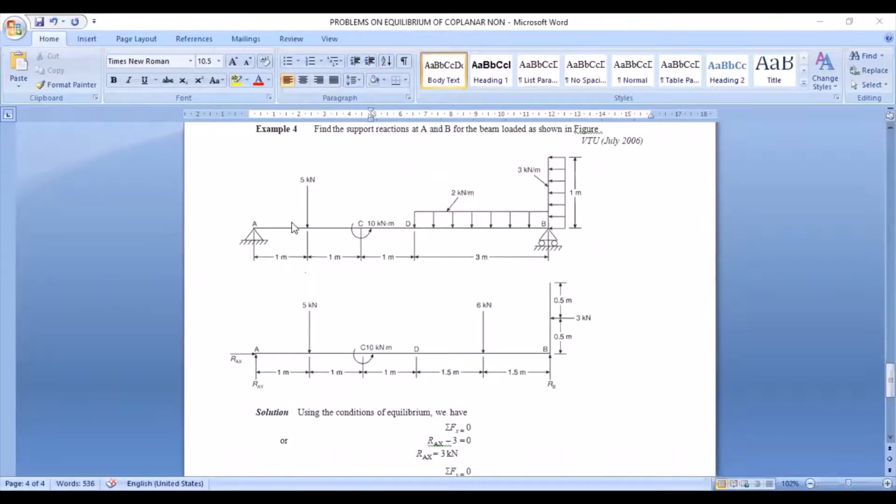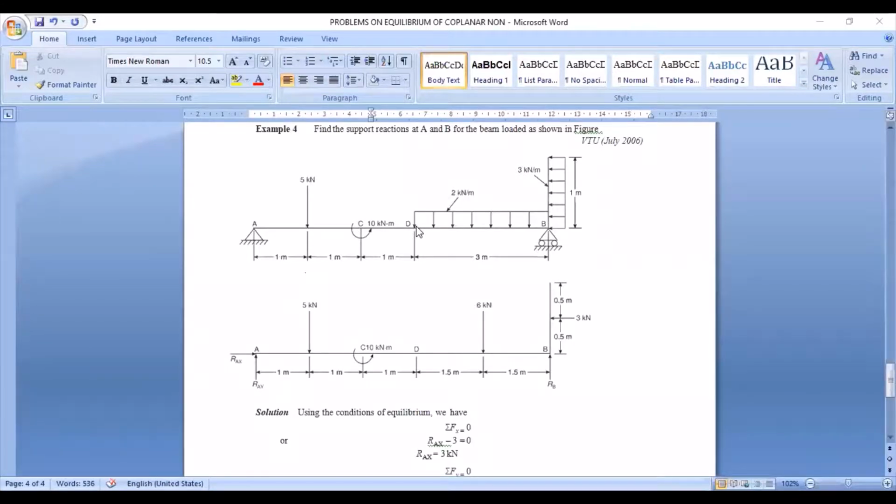At point A you have a hinge, at point B you have a roller. Now let us study what types of loadings are actually acting on the beam. There is a 5 kilonewton vertical load acting at point B. You have an anti-clockwise couple acting at point C.